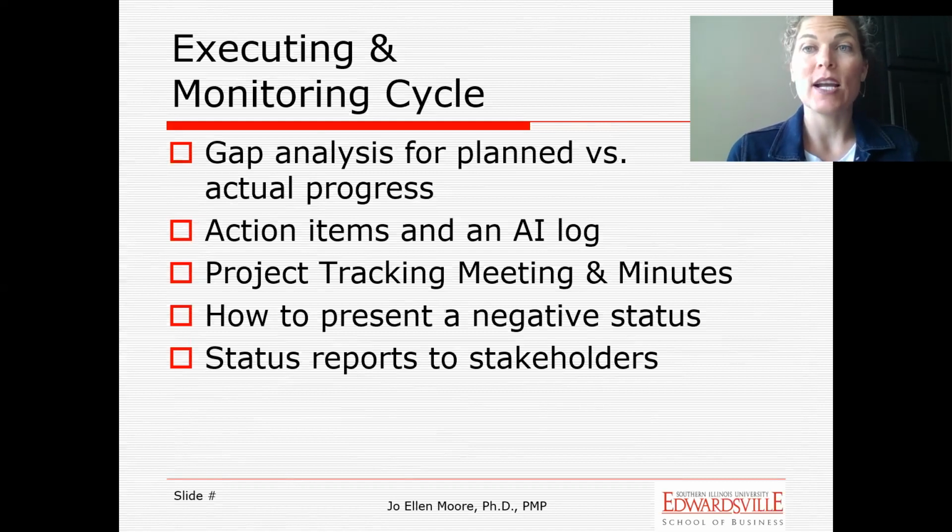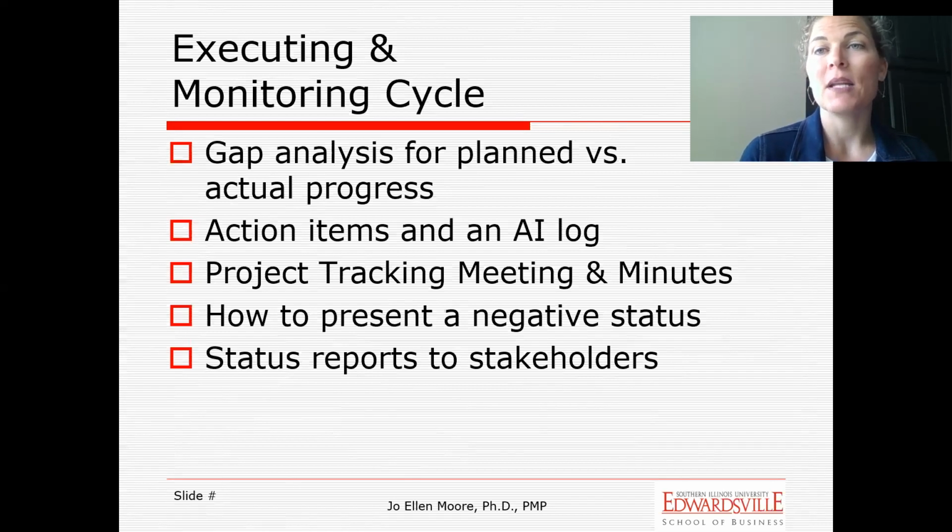Are we not on track? What can we do to get back on track? We might have to create an action item for that. But the status reports and the meetings and meeting minutes are all just tools to force us to put some structure in place and make sure that we're staying true to that schedule. And if not, making adjustments to it at that point.